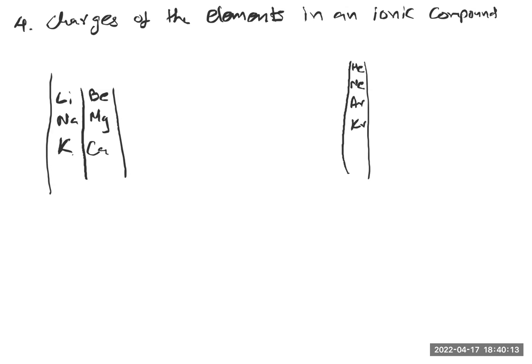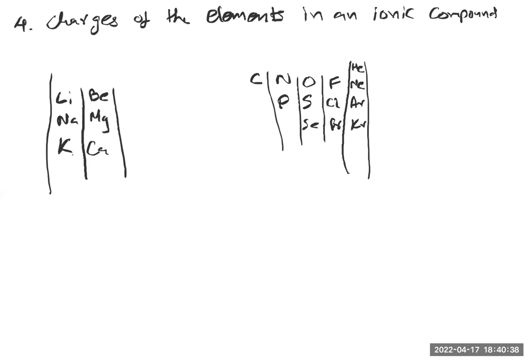And then just before that, the group before the noble gases are fluorine, chlorine, bromine, and then we have oxygen, sulfur, selenium, and then we have nitrogen, phosphorus, and then we have the carbon group. So these are the groups we have.